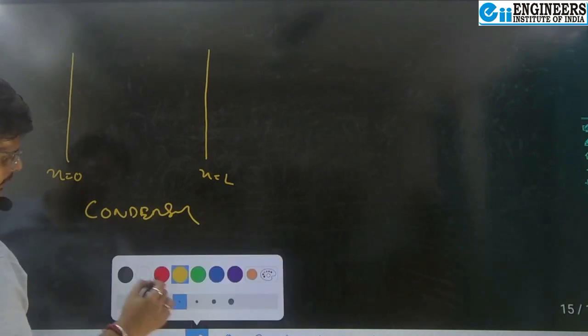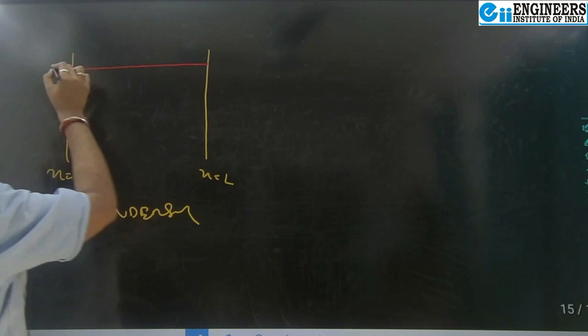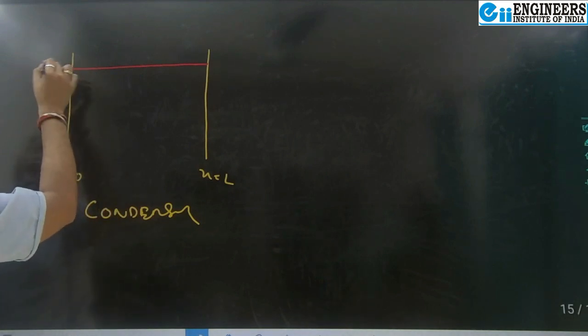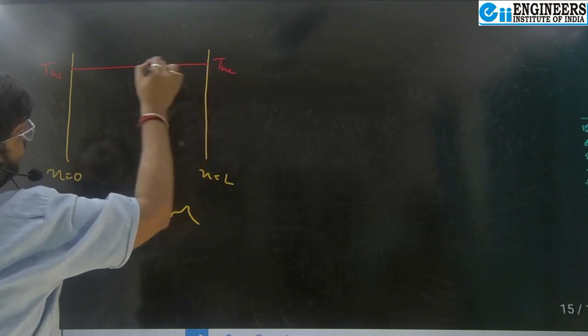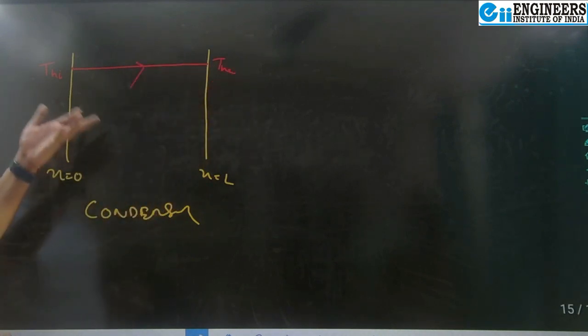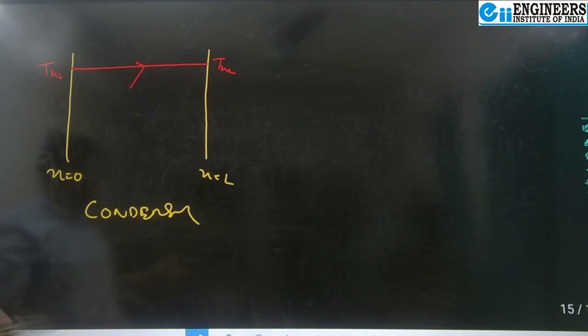So in the condenser, what will happen? There will be a high temperature fluid, so THI and THE will be a straight line. The reason is that phase change takes place at constant pressure and temperature, the two property rule that we analyzed from thermodynamics.